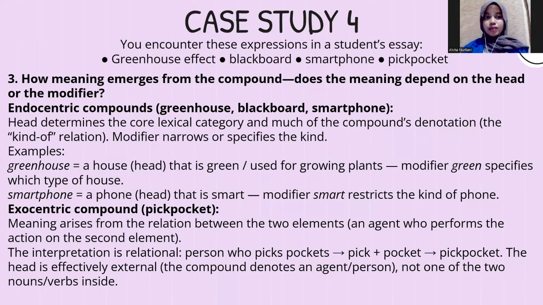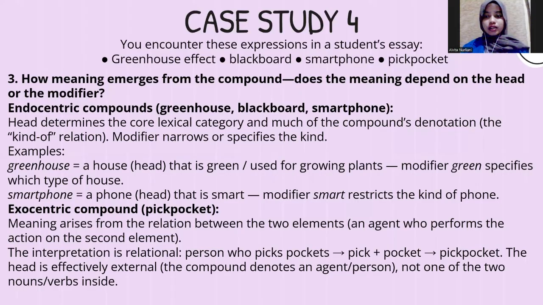And number three, how meaning emerges from compounds. In endocentric compounds like greenhouse, blackboard, and smartphone, the head determines the core lexical category and much of the compound's denotation. For example, the word greenhouse means a house that is green or used for growing plants.